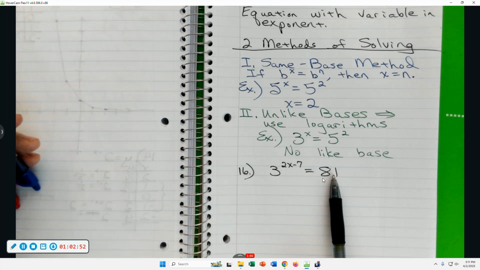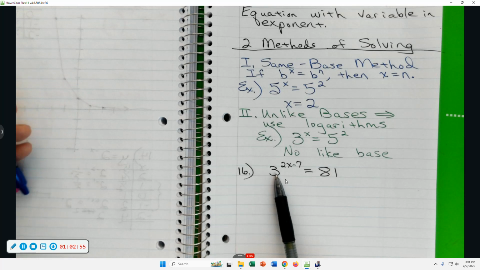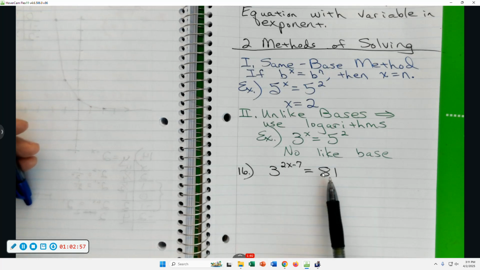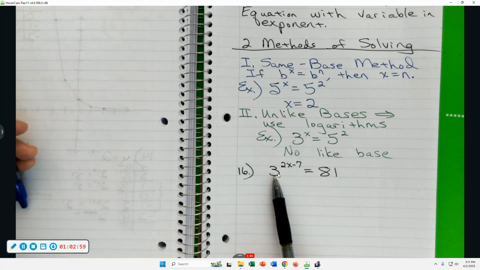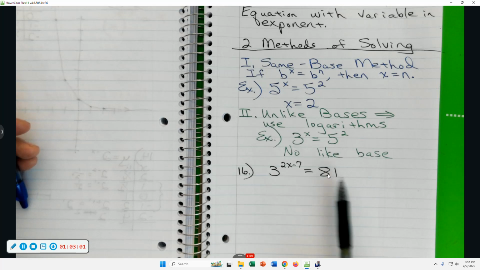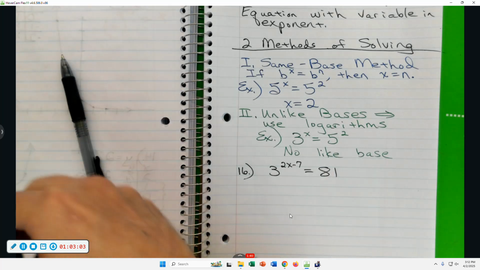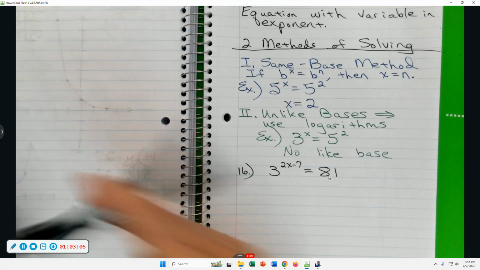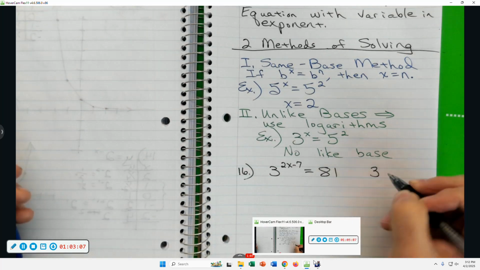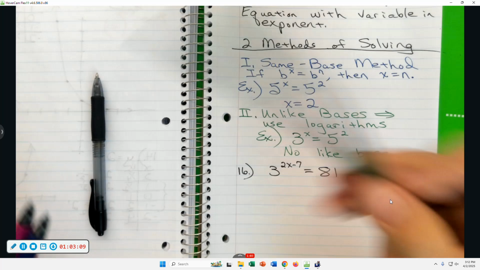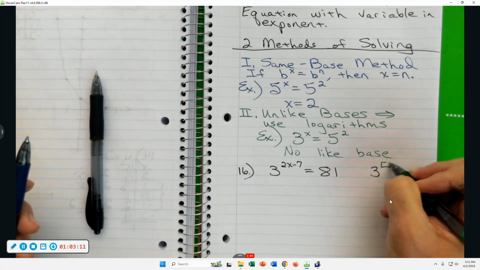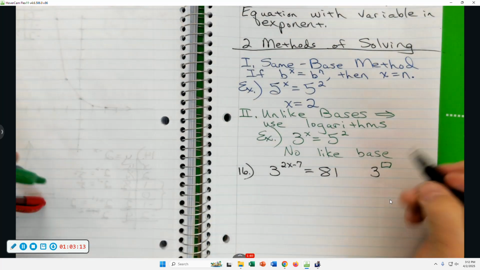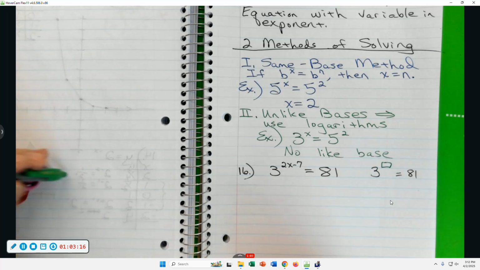My advice to you, start with the smaller base and try to rewrite the big base using that smaller base. For example, 81. I need to write 81 as a power of 3. 3 to what power will give me 81?